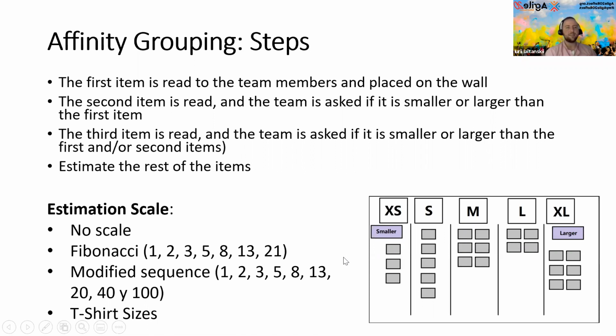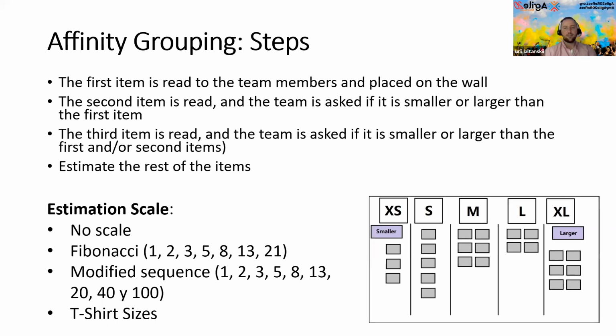After that, the third item is read, as I said, and we ask the team the same question: whether it's more complex or easier compared to the second item. After the team responds, we are in a good position to estimate the rest of the items. Okay, so this is basically it.